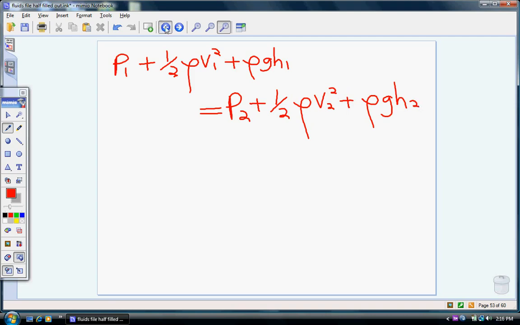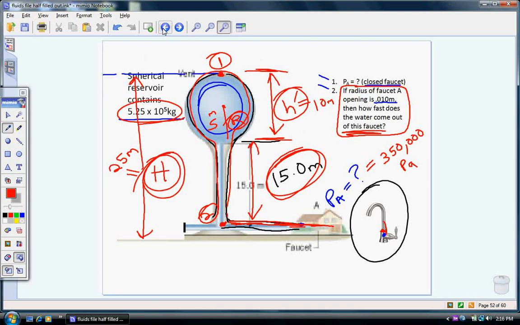And basically, our 2 points are going to be this top point over here, and right down here where it comes out, point 2, which we're going to consider at the same altitude down here.